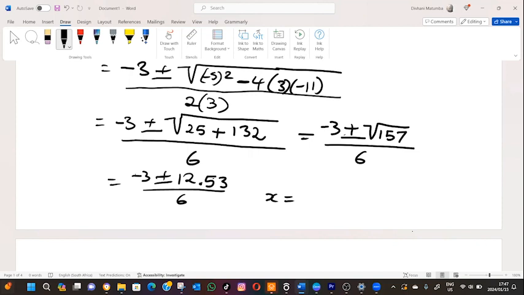So it's going to be 5 plus 12.53 divided by 6. It will give us 2.92.